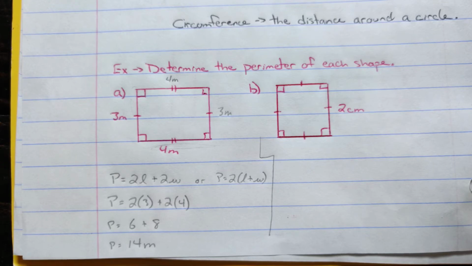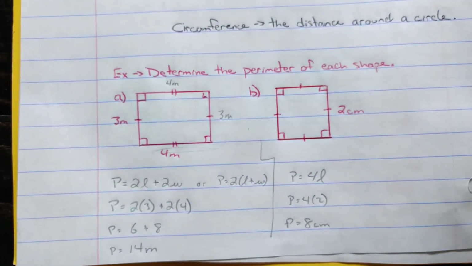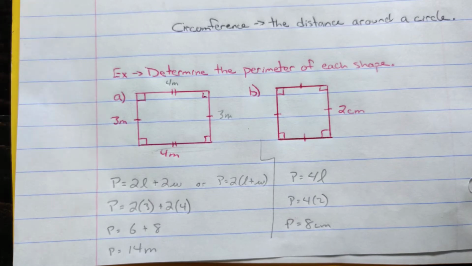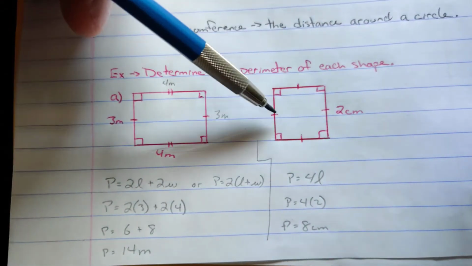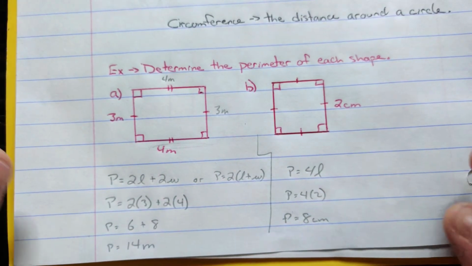To find the perimeter of a square, you could use the regular rectangle formula, or you can do the perimeter equals 4 times the side length, which is just 4 times 2, or 8 centimeters in this case. And if you couldn't remember the formula for whatever reason, you just add up all the sides. 2 plus 2 plus 2 plus 2 is 8. So there's some examples of working with perimeter of rectangular shapes.